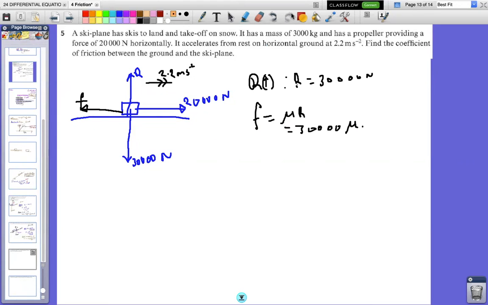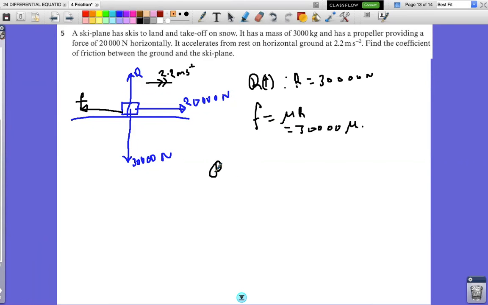And now we resolve horizontally. 20,000 minus F should give us the mass, which is 3,000, times A, which is 2.2.